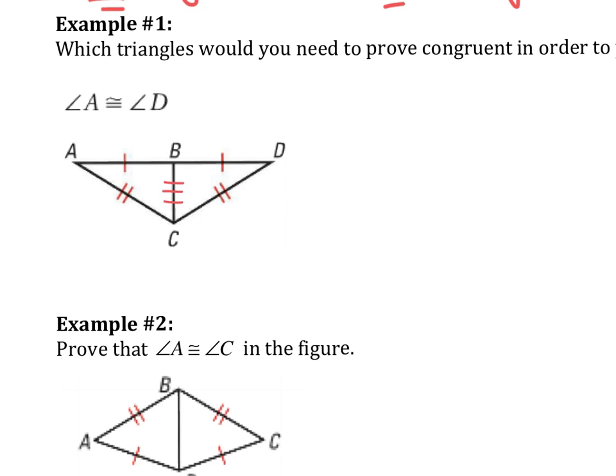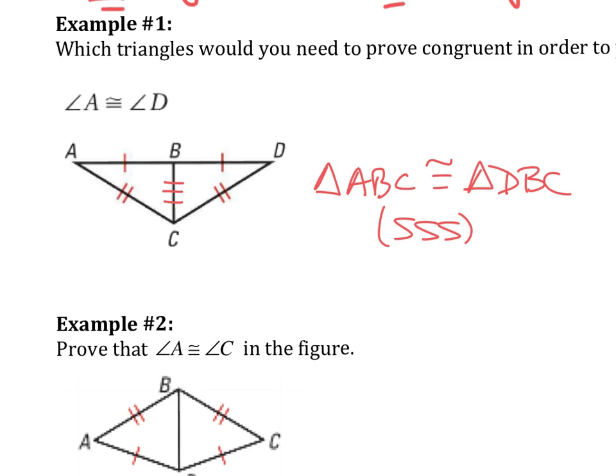All right, so BC's reflexive with BC. So now, why is triangle ABC congruent to triangle DBC? Why is that? Because of SSS. So the triangles are congruent.